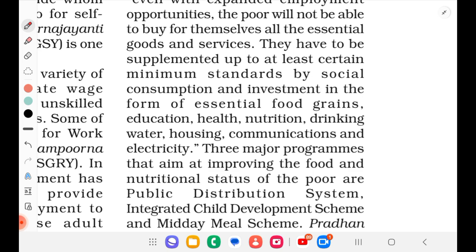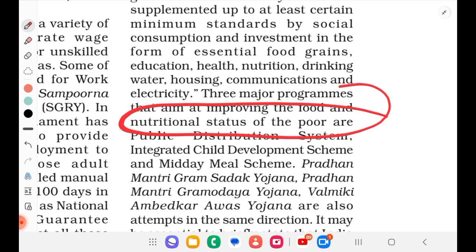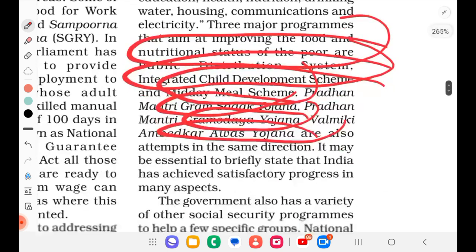Three major programs that aim at improving the food and nutritional status of the poor are Public Distribution System, Integrated Child Development Scheme, Midday Meal Scheme. Pradhan Mantri Gram Sadak Yojana, Pradhan Mantri Gramodaya Yojana, Valmiki Ambedkar Awas Yojana are also attempts in the same direction.